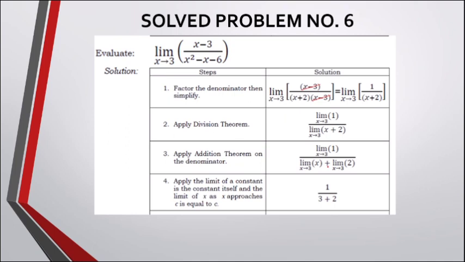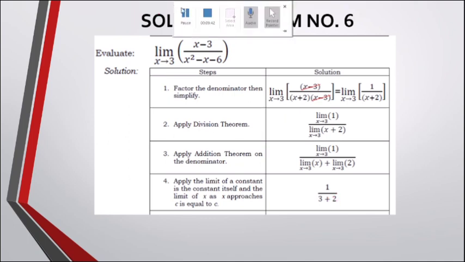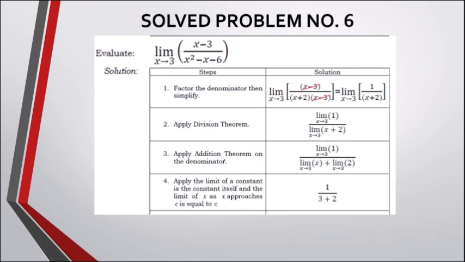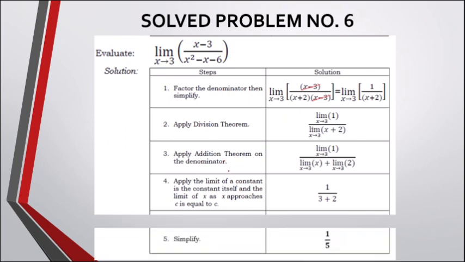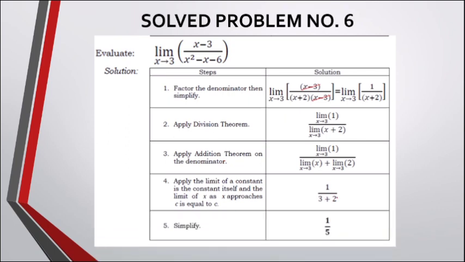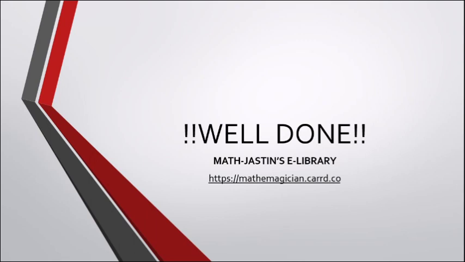Next, apply the limit of a constant is the constant itself and the limit as x approaches 3. Let x be equal to 3, and then the 2. We just apply the first law. Next, simplify: 3 plus 2 is 5. You no longer need to find an LCD here. So, well done.